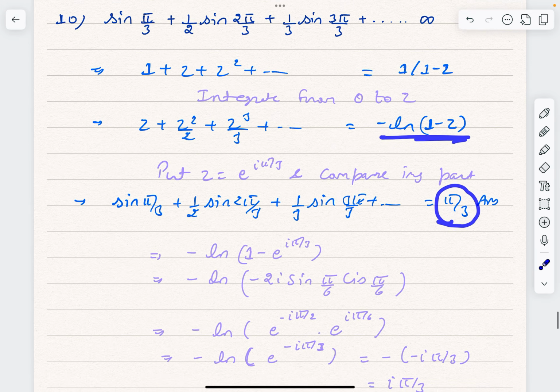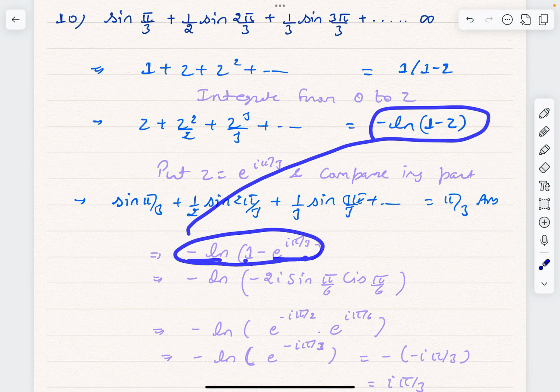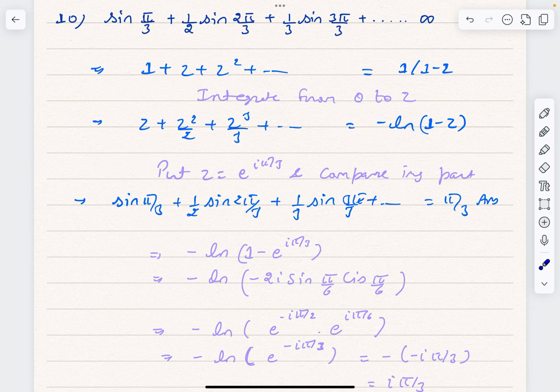How? As explained here, this thing is minus ln 1 minus e iota pi by 3. You want the imaginary part of this. When you simplify, you get minus ln of 2 iota sine pi by 6 cis pi by 6. We discussed 1 minus cis theta, so I'm using that directly here.